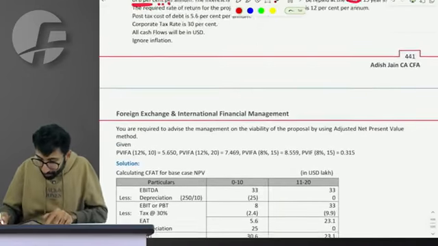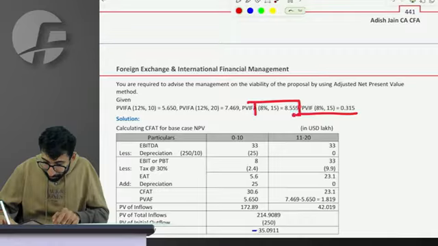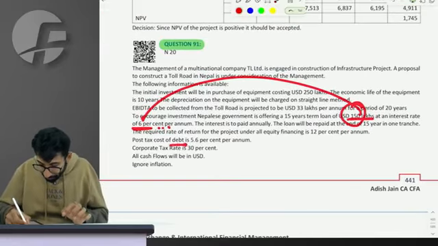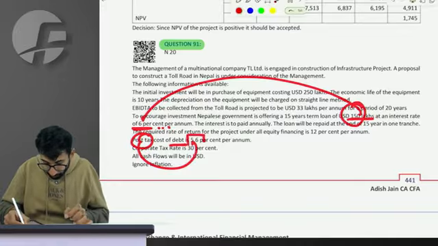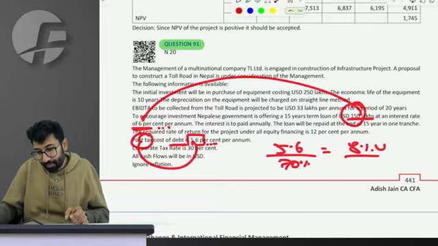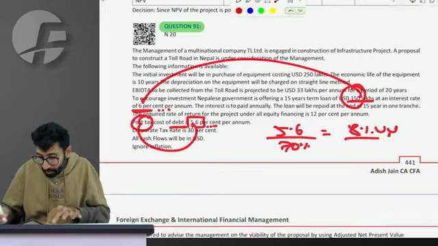For the next 15 years, when I do that, how much is the present value? Please look at this. Present value at what rate? KD, and that too pre-tax. If post-tax KD is 5.6, pre-tax KD will be divided by 70%, which is 8% is the pre-tax KD. What did I do?